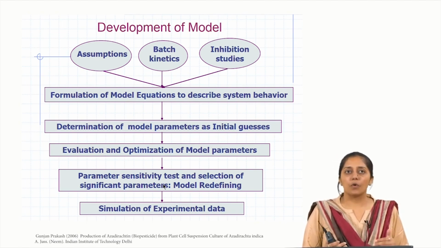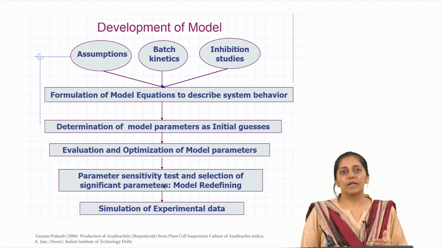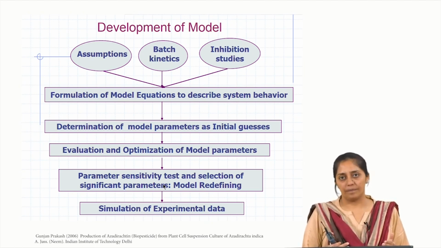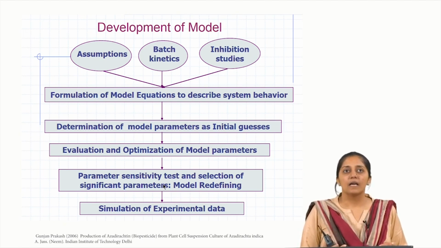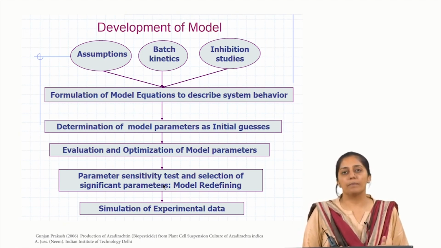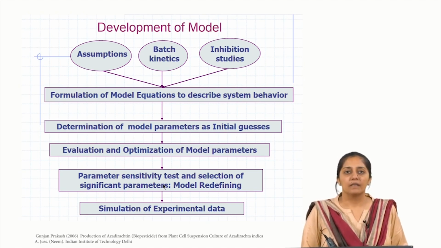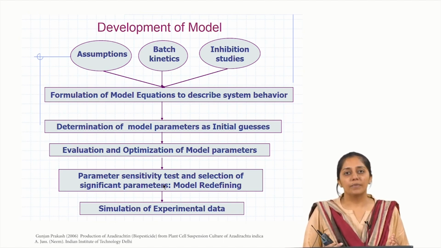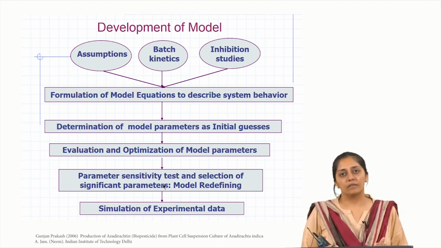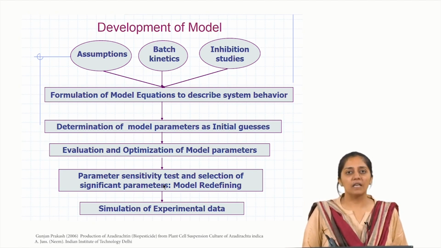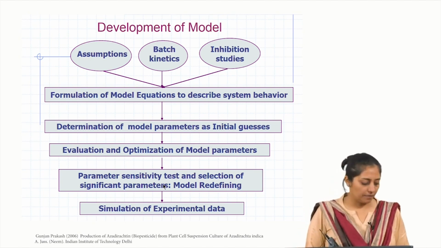Further, these model parameters were evaluated using an iterative process, and parameter sensitivity analysis was done to select the significant parameters, thereby redefining the model. Finally, the redefined model was simulated to predict the nutrient concentrations or the feeding strategies in a fed batch cultivation and also in a continuous cultivation.